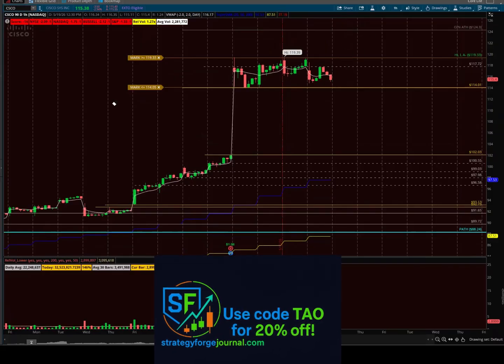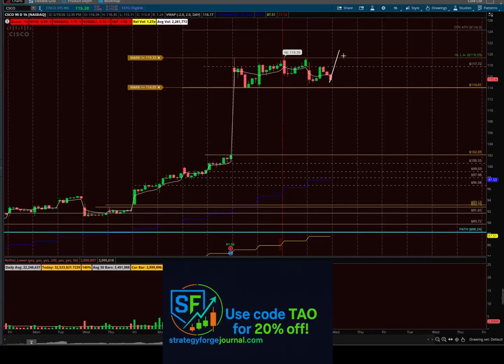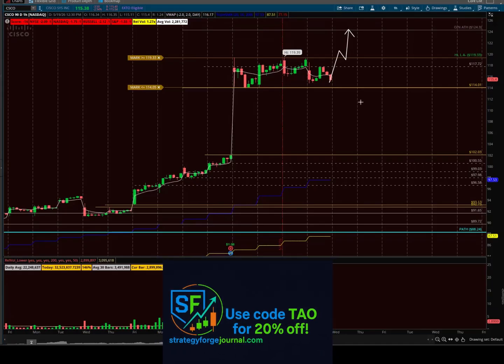The second idea is very simply just a higher low above 119.33 to target the overnight all-time high, which is 124.30.